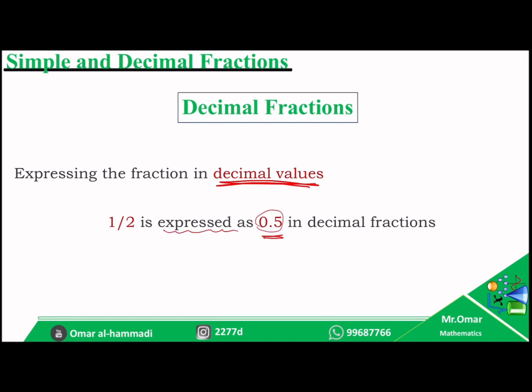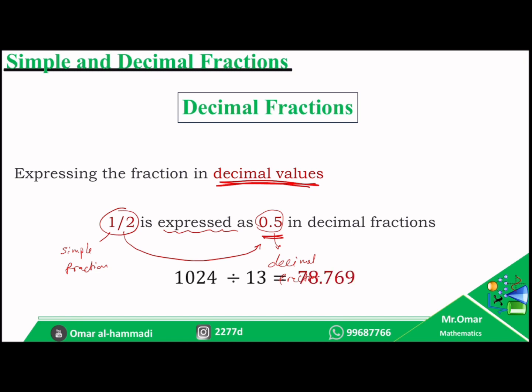This is the simple fraction, and that one is the decimal fraction. And here we have an example: 1024 divided by 30, which we have to change to decimal fraction.